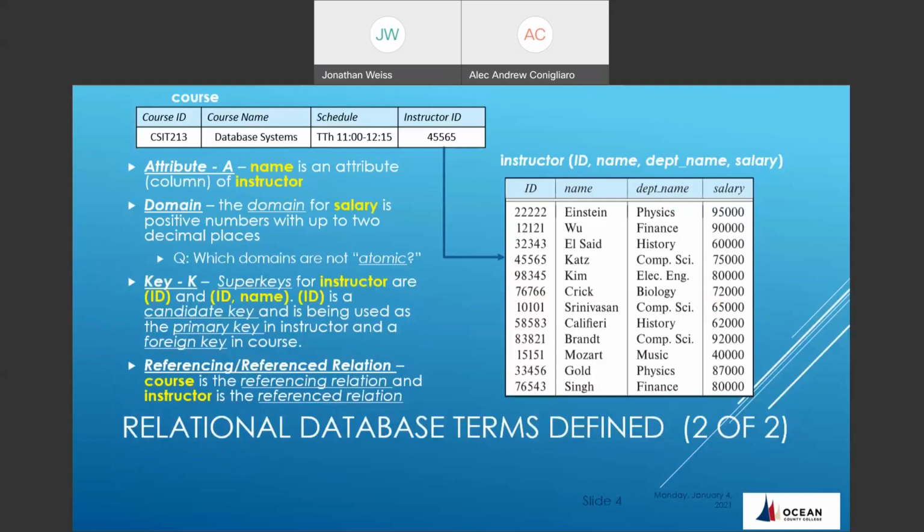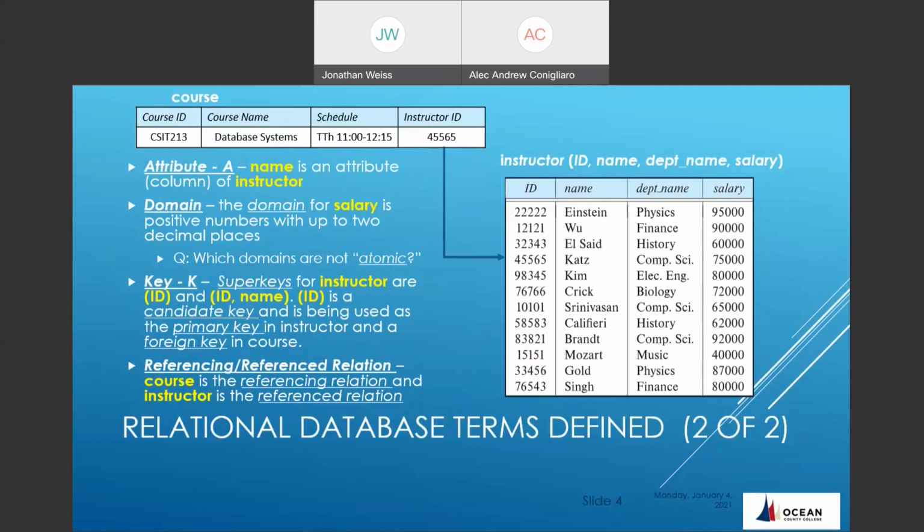The Cartesian product of instructor and course, let's do it that way, would be 222 Einstein Physics 95,000 CSIT213 database systems, Tuesday, Thursday, 45565. And then the next one with that, and then the next one with that. It's like every combination of these two tables is the Cartesian product.